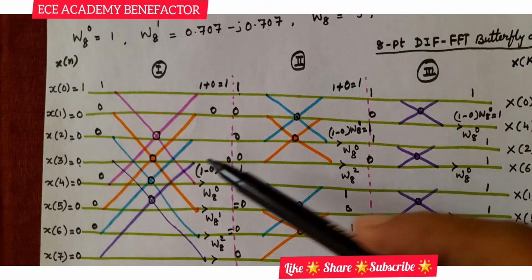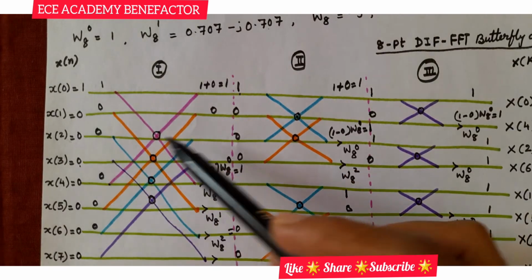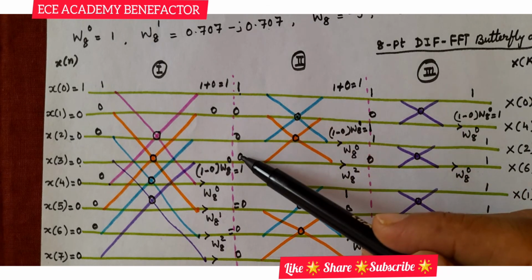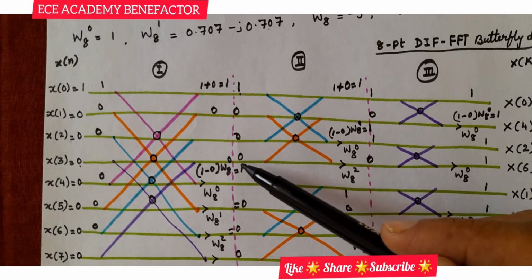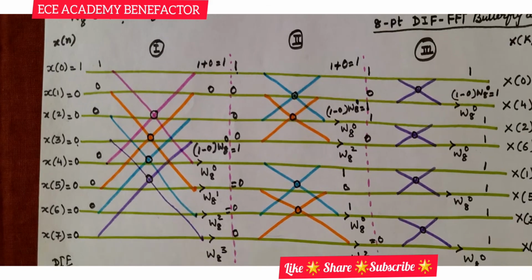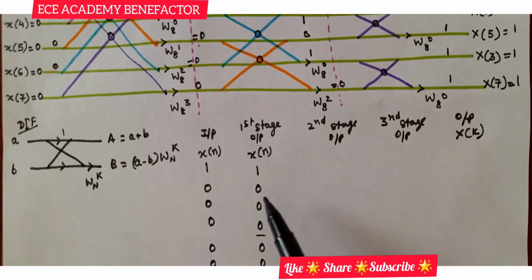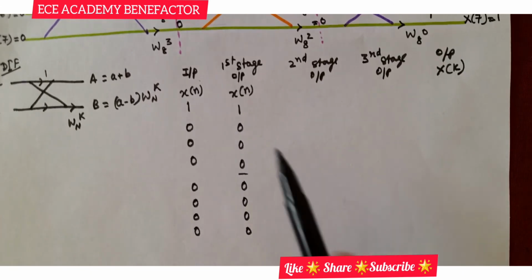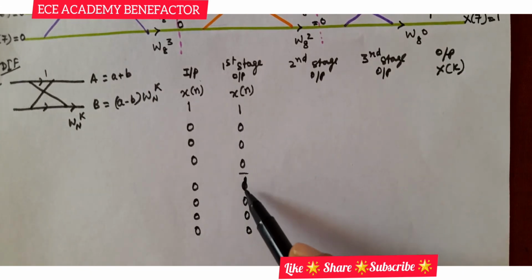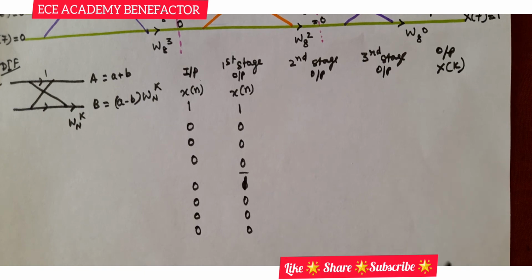And then coming to output of first stage. This is the input, output of first stage is 1 000. Okay, so you are getting 1 000 and then 1 000. This is output of first stage.